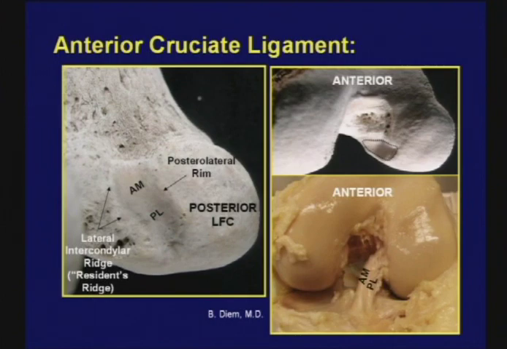And if you make that mistake, then you're going to place the reconstructed ligament too posterior in the lateral femoral condyle. Really, in reality, those bundles attach between those bumps, the anteromedial bundle above the posterolateral bundle, again being longer than the posterolateral bundle.